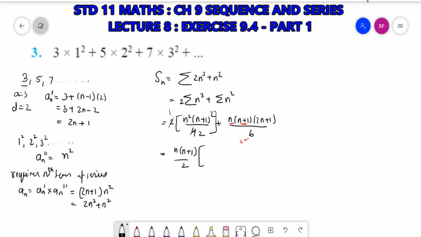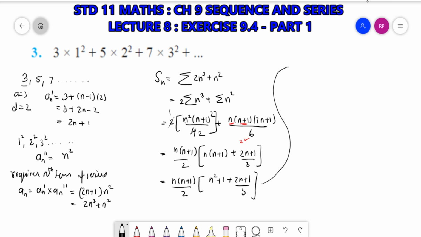So n, n plus 1 upon 2. So what is remaining here? n into n plus 1 plus 2n plus 1 upon 3. So n, n plus 1 upon 2 into n square plus 1 plus 2n plus 1 upon 3.